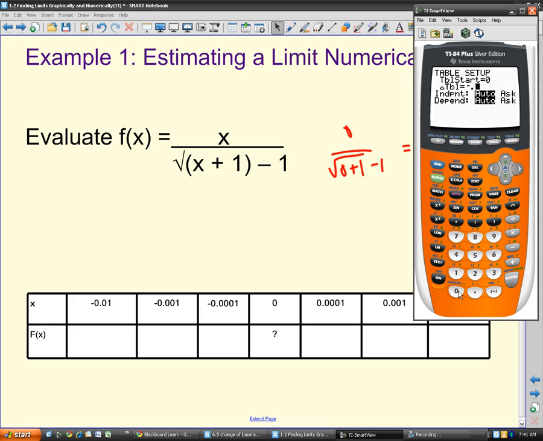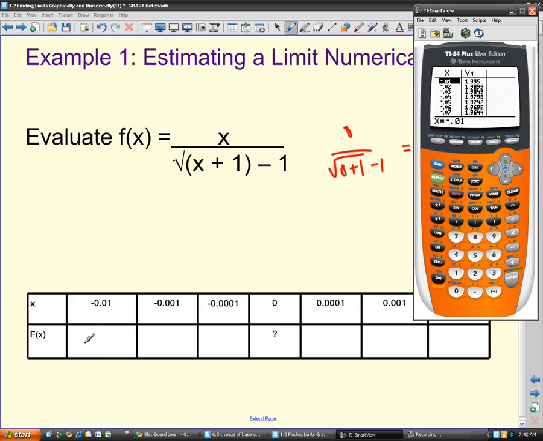I'm going to arrow up and say negative 0.01, using this value over here, and see what happens on my graph. You can see at negative 0.01, it ends up with 1.995.